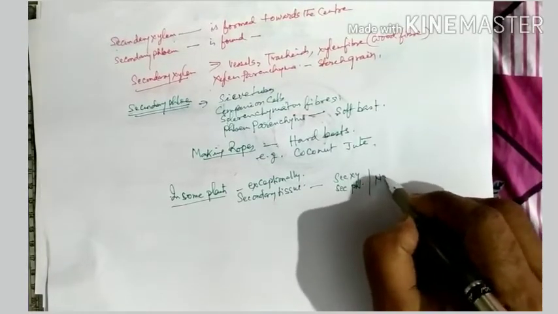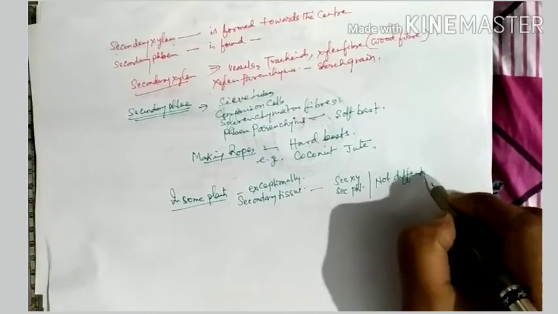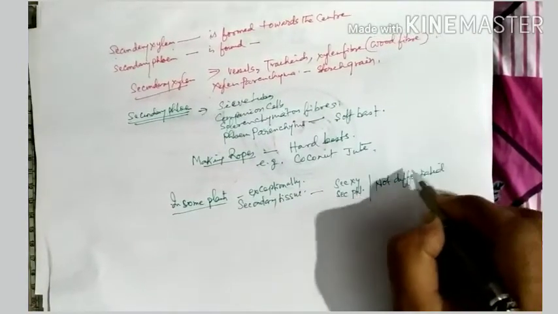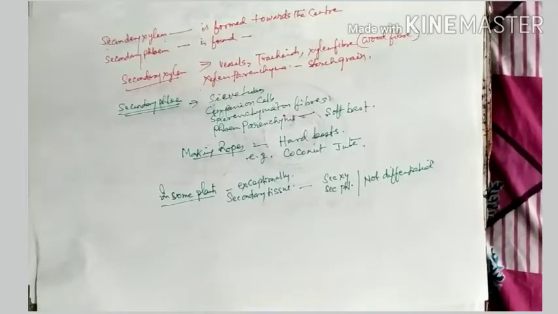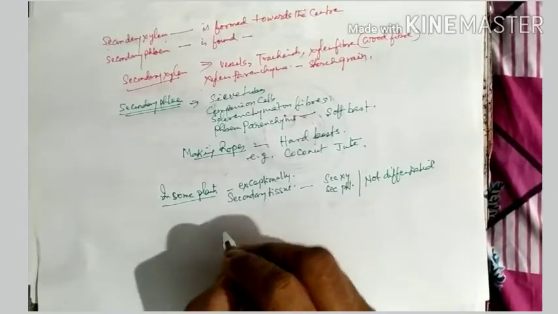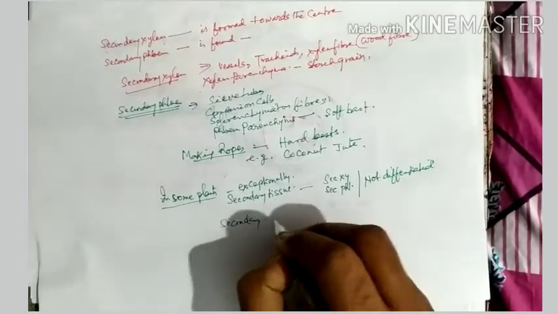And this secondary tissue remains intact and is arranged in rows, and these are known as secondary medullary rays.